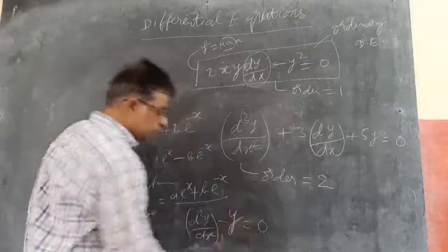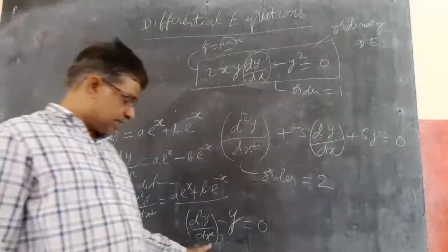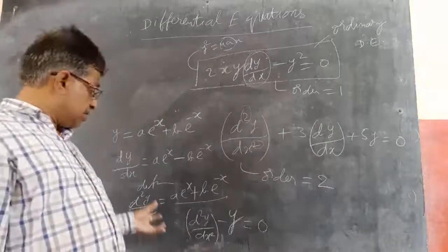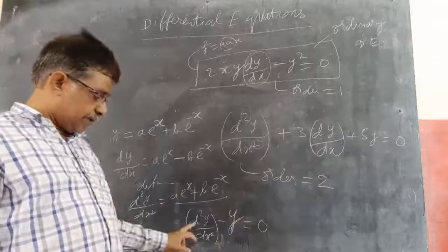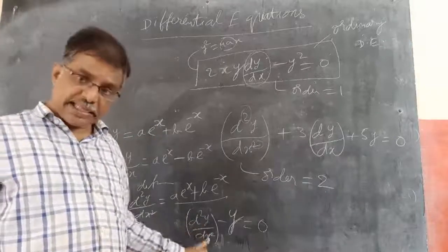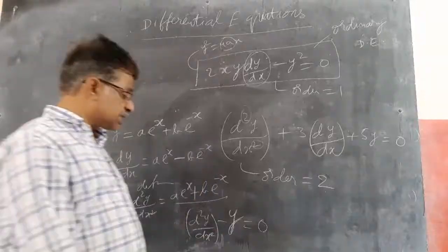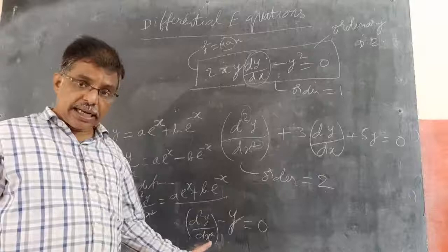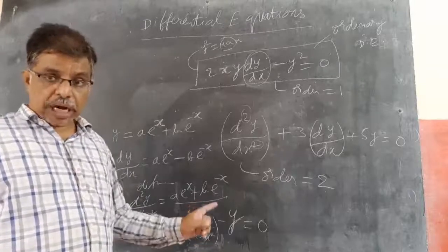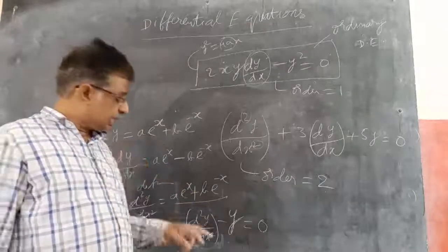This is a differential equation whose dependent variable is y and independent variable is x. So it is differentiated 2 times. This is called an ordinary differential equation whose order is 2.